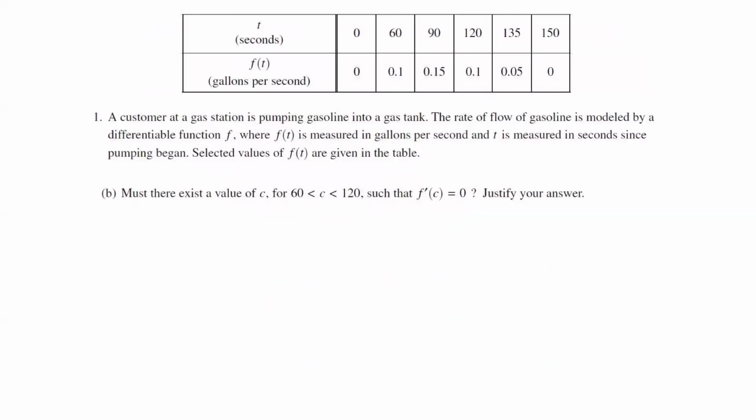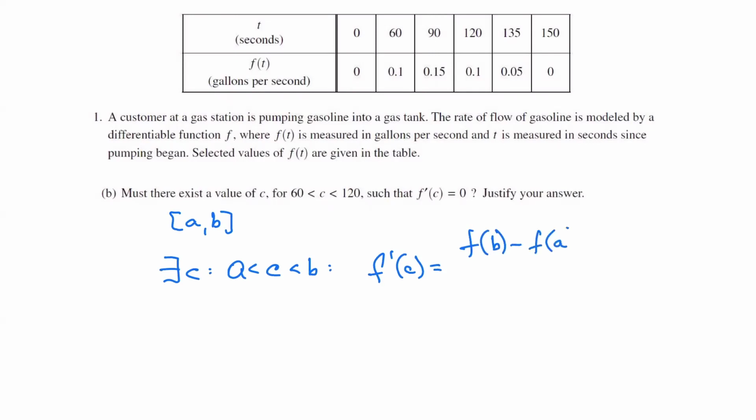The answer is yes, such a point must exist, because by the mean value theorem for the interval from a to b, there must exist a point c between a and b such that f prime of c is equal to f of b minus f of a, divided by b minus a.